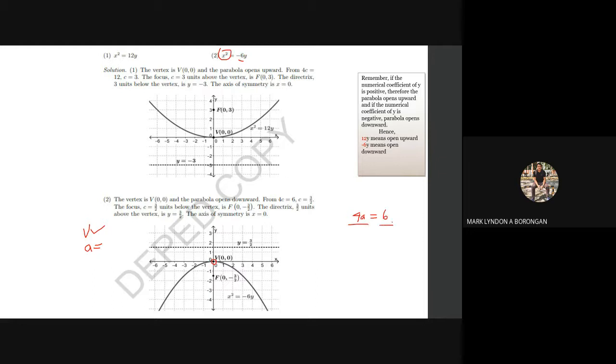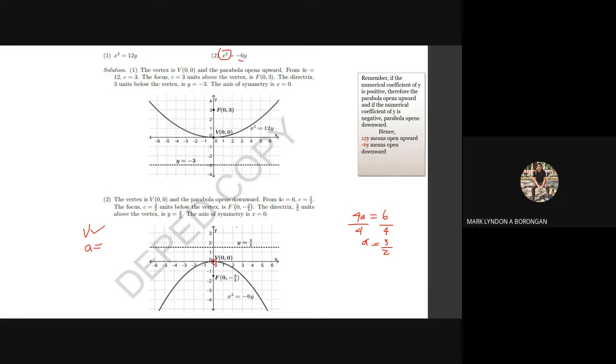Disregard the sign, guys, because it's units. So 4a divided by 4 and 6 divided by 4 will have 3 halves or 1.5, right? 3 over 2 is just equal to 1.5. So a is 3 halves, or 3 over 2.